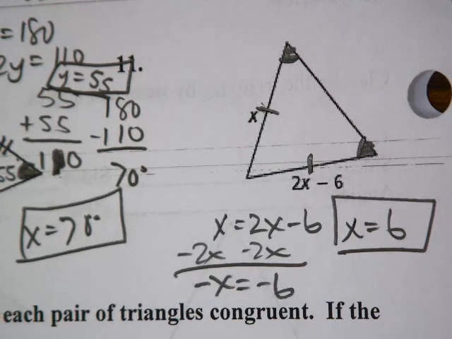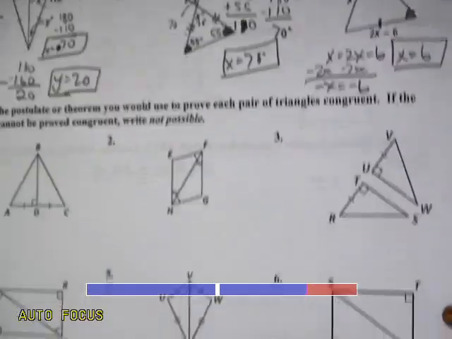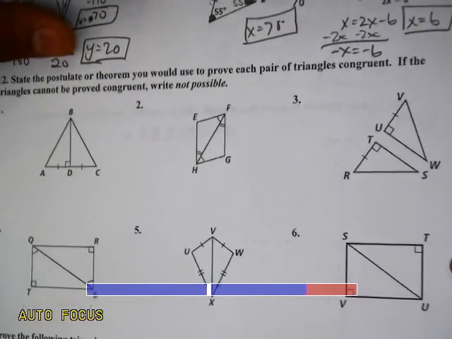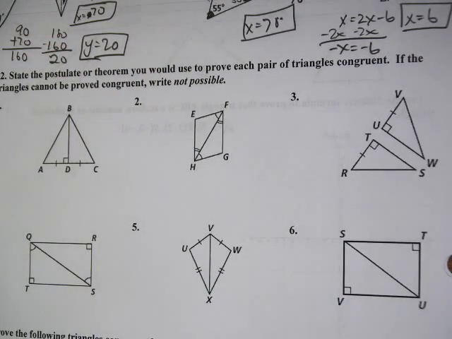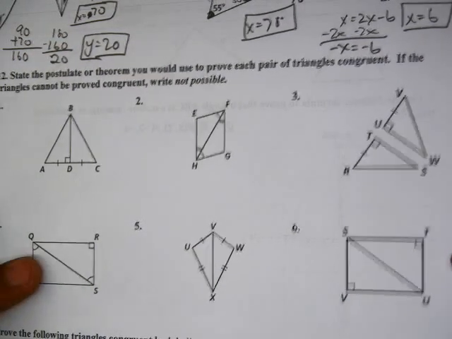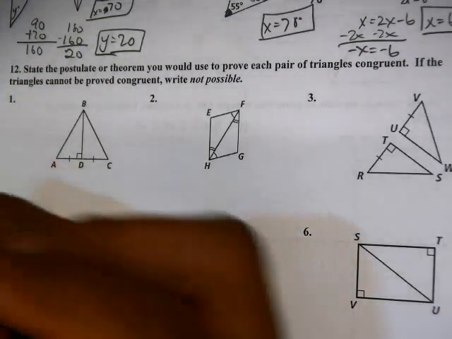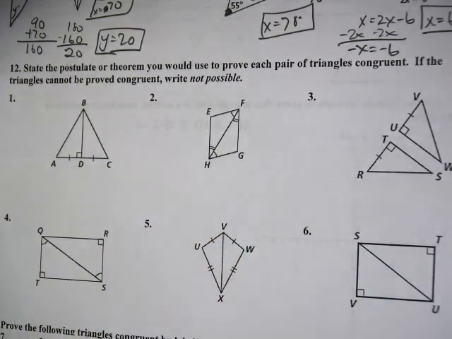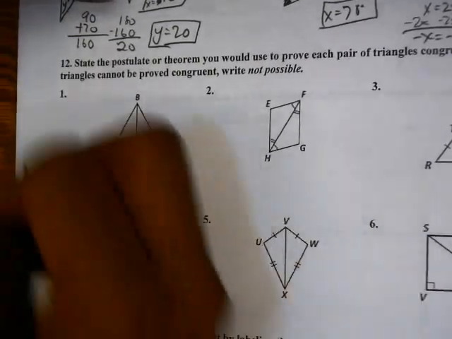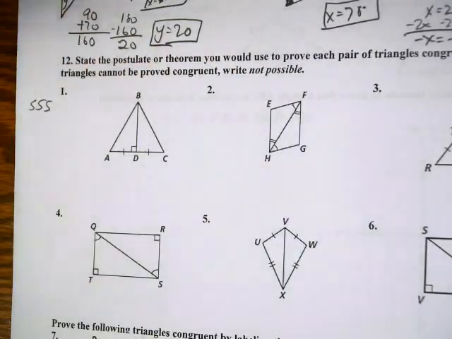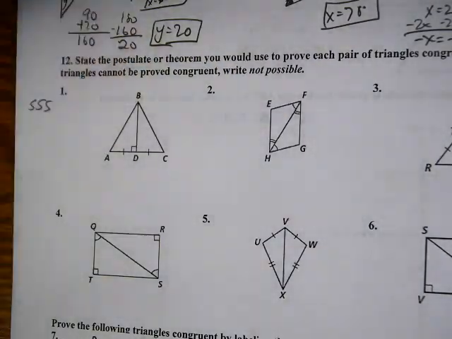Alright, in number 12, I have to state what theorem or postulate I would use to prove that the pair of triangles are congruent. And if they can't be proven congruent, I just write not possible. So the 5 things, the 5 theorems, or the 5 shortcuts, however you want to say it, that you can use on this is SSS, where you have 3 pairs of matching sides congruent.